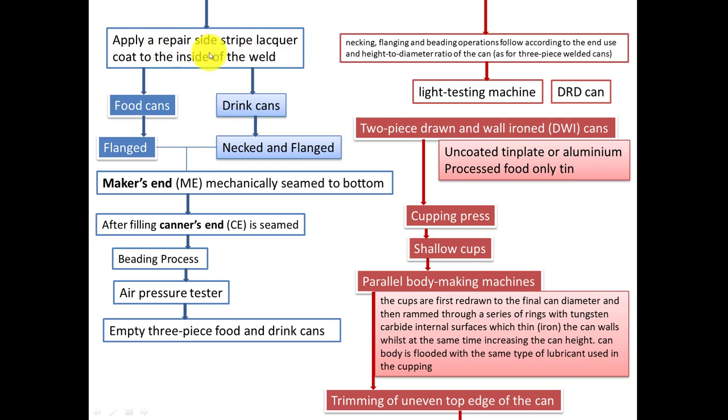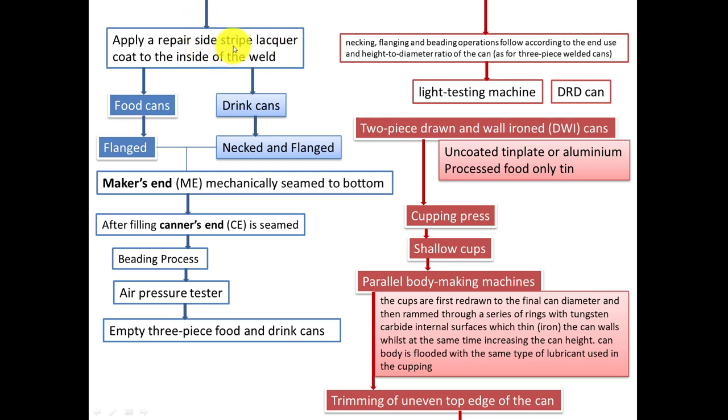After welding, there are chances that the welded place has no coating. So to make the cylinder intact, we further apply the coating, and lacquer is the word used for coating materials. Lacquering is the coating kind of thing.